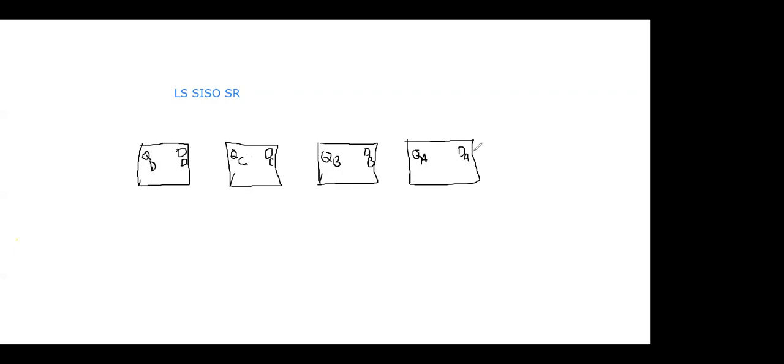Okay. Now here, same as the previous case, we are applying the input across this, and QA is connected to DB, DC, DD, and here we are extracting the output, and we are applying the common clock pulse.